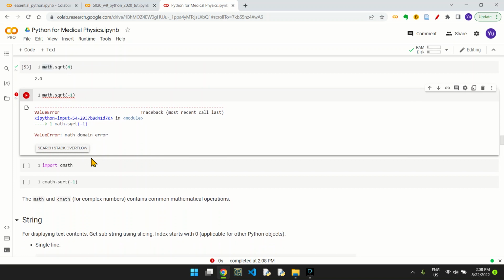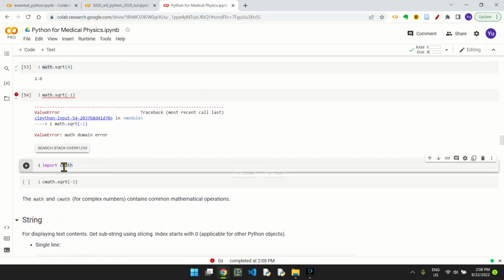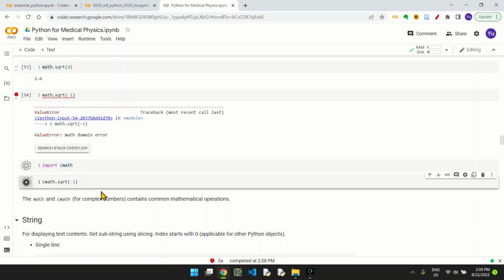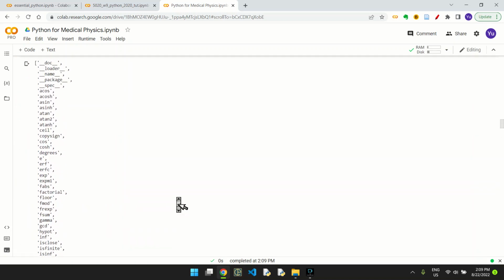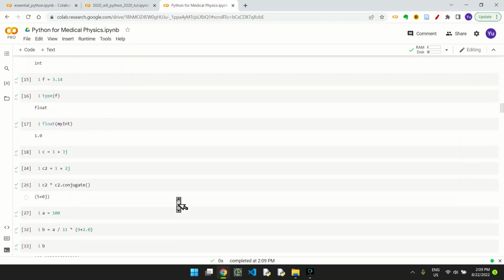So in order to work with complex numbers, you need to use cmath, which stands for the complex math module. And if you do the square root of -1 there, it will tell you it's 1 times the imaginary unit, which is j here. In maths, we call it i. Okay, these are the numbers.